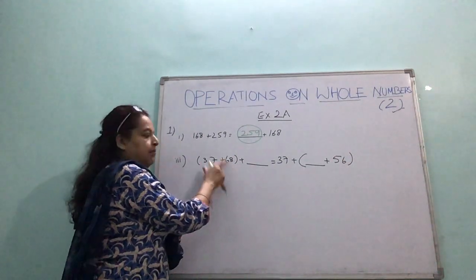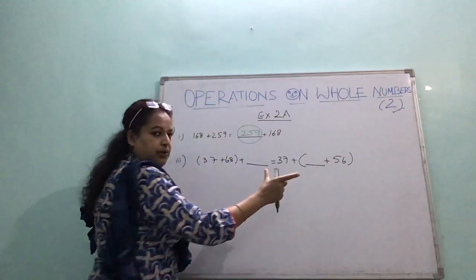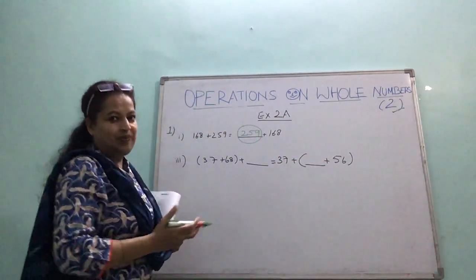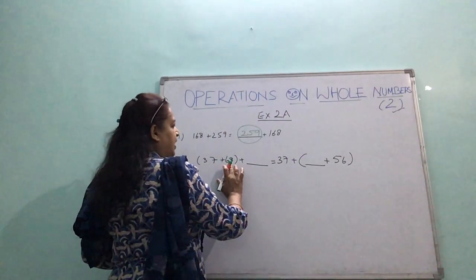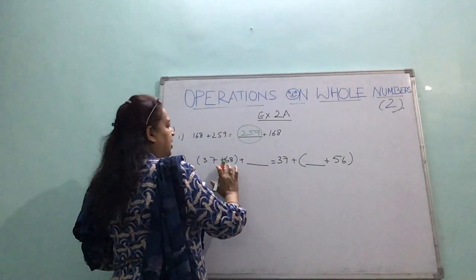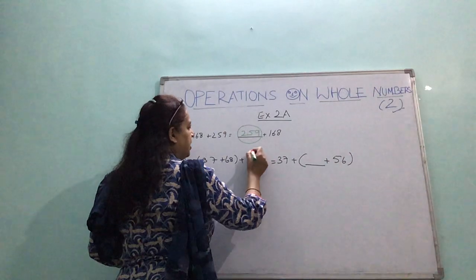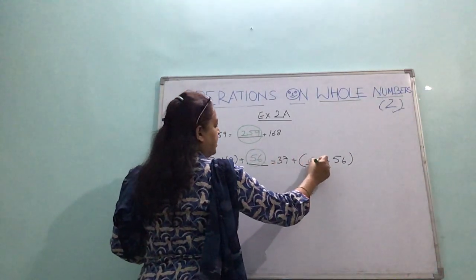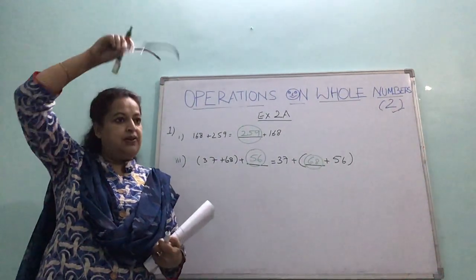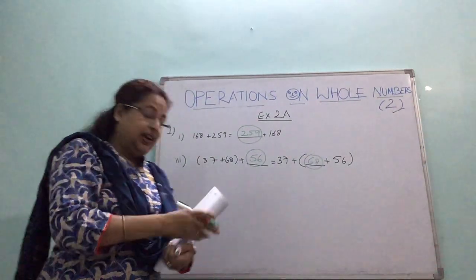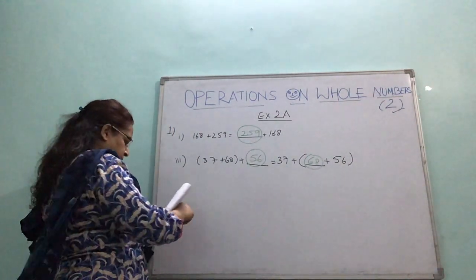If you are clubbing 2 whole numbers and then adding the third, the result would be the same if you add the other 2 whole numbers with the third number. So it is associative property. So, 37 plus 68, 37 is there. What is missing? Here it is 56, so here it should be 56, and here it should be 68. Based on which property? Associative property of addition. Okay, let's take the fifth one also.